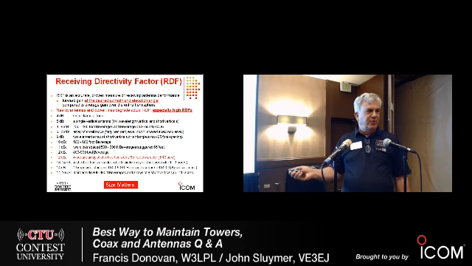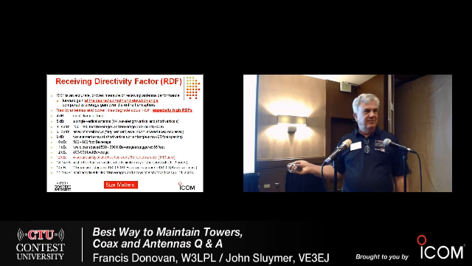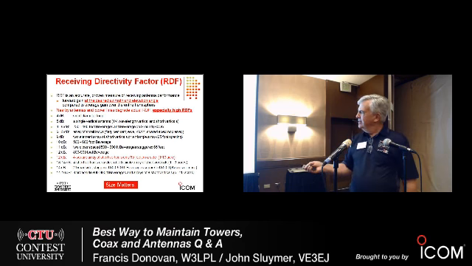There's almost nothing you can do to make a Beverage not work. It's really very basic and high performance. This was presented at Dayton about 15 years ago as a new invention. I'll show you the 1920 patent for this one. Very good antenna. And then a longer Beverage picks up another dB.